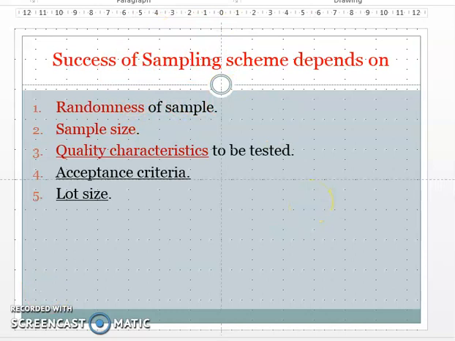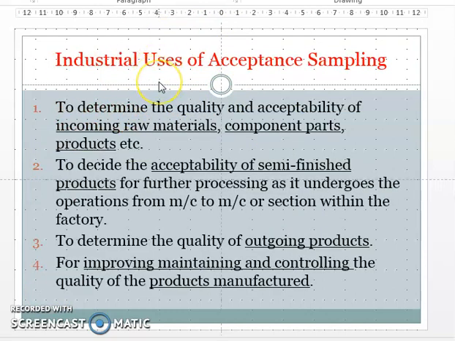Okay, now we go for what is the use of acceptance sampling in the industrial area. As a quality control engineer, you have to go and work in industry, either manufacturing, service or government. At that time you have to make decisions whether to accept the lot or reject the lot.